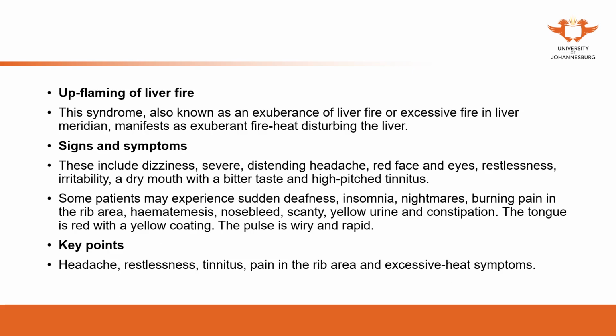Upflaming of liver fire. This is actually the direct translation. What we focus on is the liver fire. All flames from the fire are moving up. There's no flame facing down.